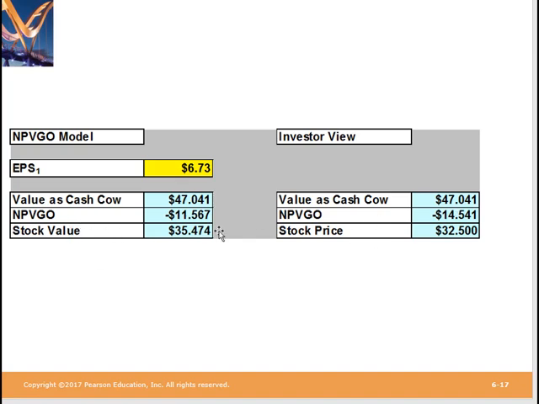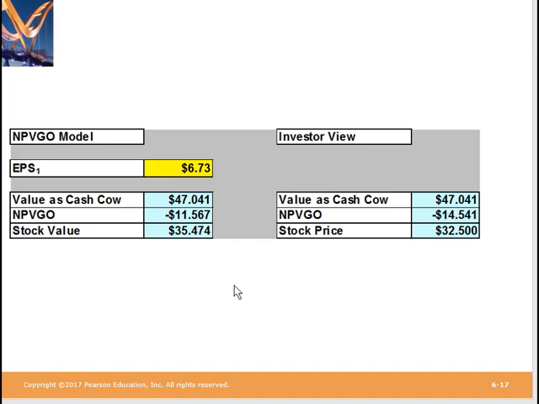So what both of these things represent to us is that investors are not looking at this company's investment strategy in a good light. They are saying that the net present value growth opportunities of this company are pulling down the value of the stock. It's really worth $47, but they're using the cash of the company, and they are creating negative value for the company.